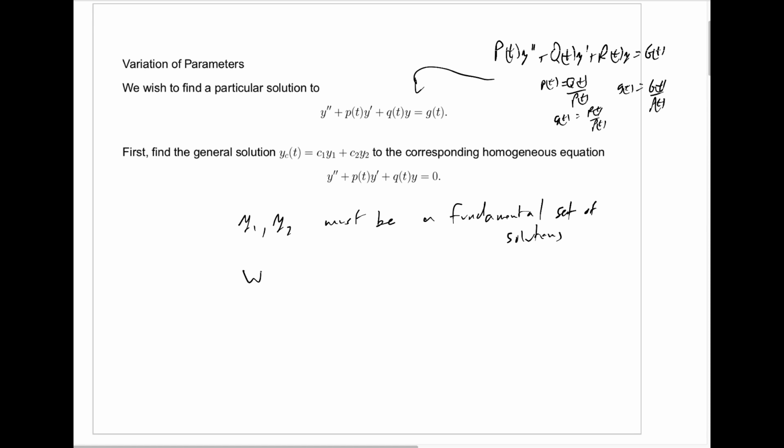In other words, the Wronskian of y1 and y2 should definitely be non-zero. That'll actually come up later and be an important thing. So, assuming we have this fundamental set of solutions, our general solution to the homogeneous looks like this, and now we'll begin our quest to find a particular solution to the non-homogeneous equation.